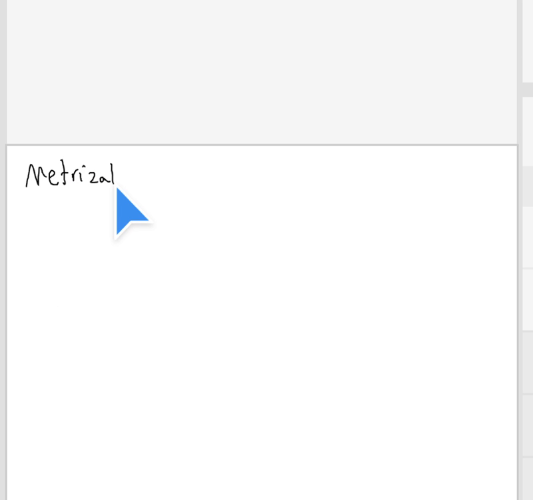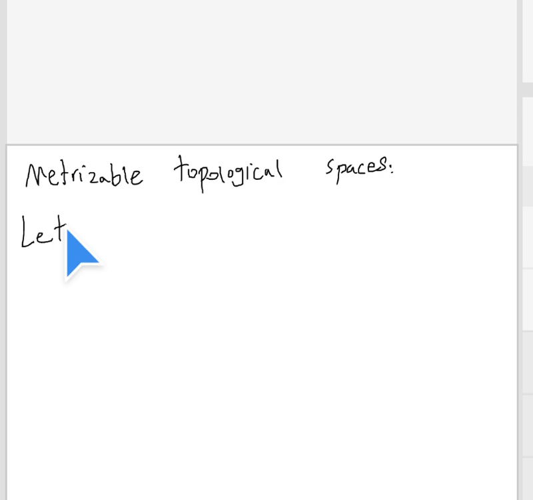Metrizable is a topological space. Okay. Let X be a topological space.